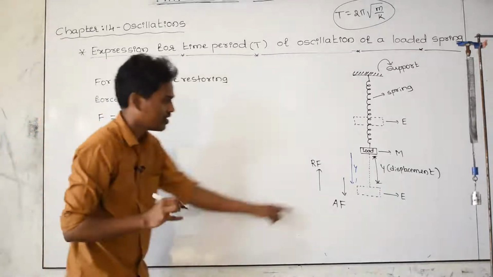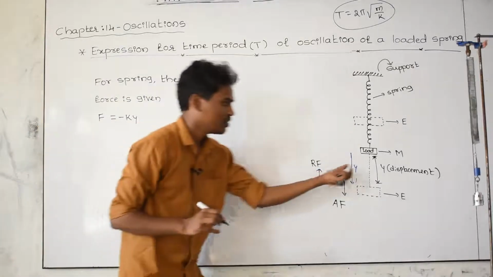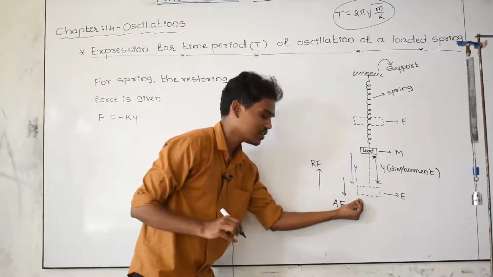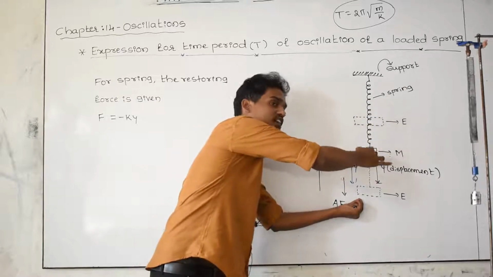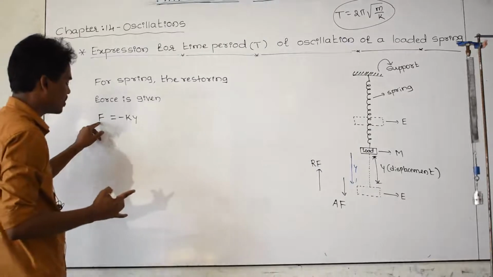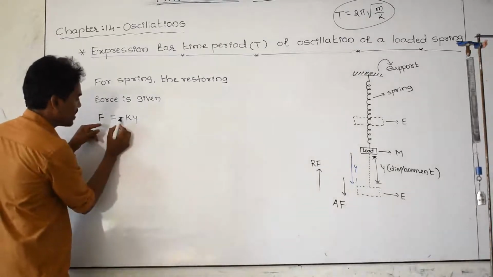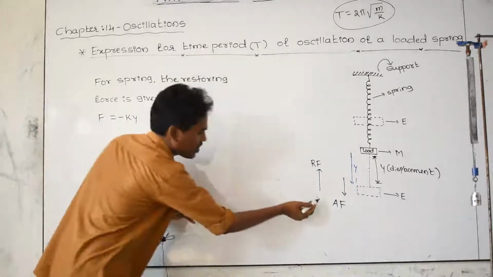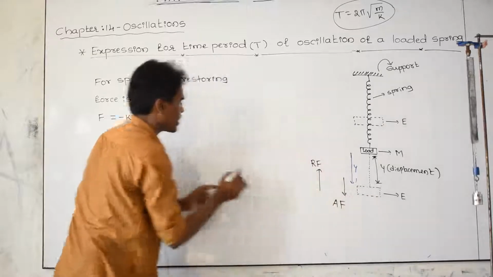What is y? Displacement. What is F? Pull the body, and whenever you are pulling the body, which force is generated internally? Restoring force. That is the restoring force F. This is displacement, this is restoring force. The minus sign indicates restoring force is in the upward direction, y is in the downward direction, both are in opposite directions.